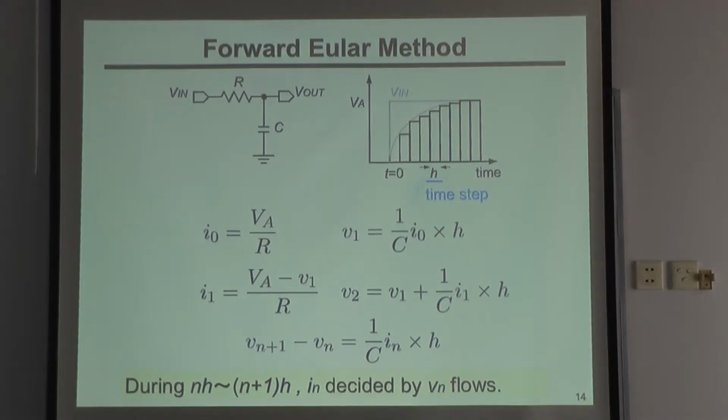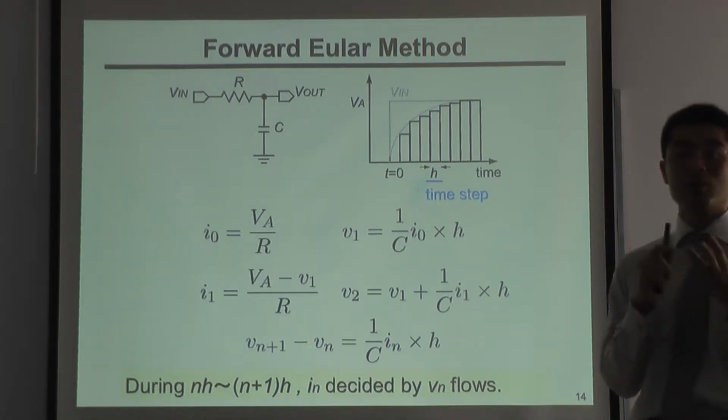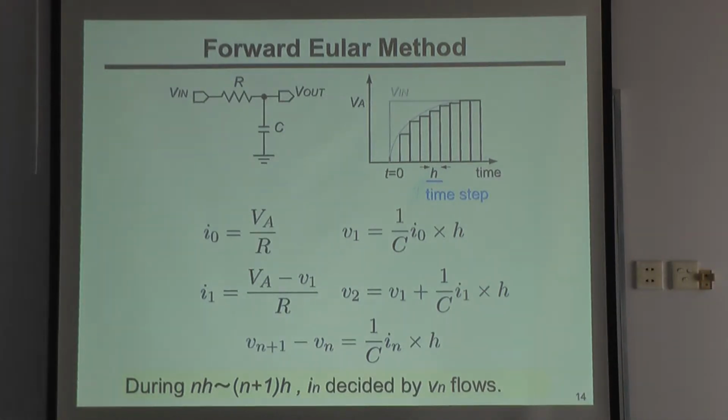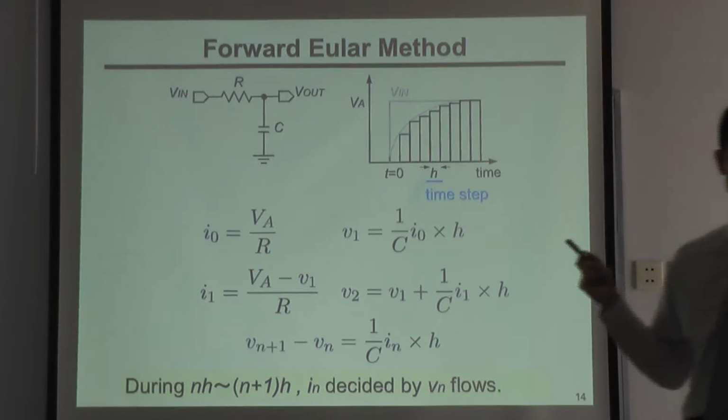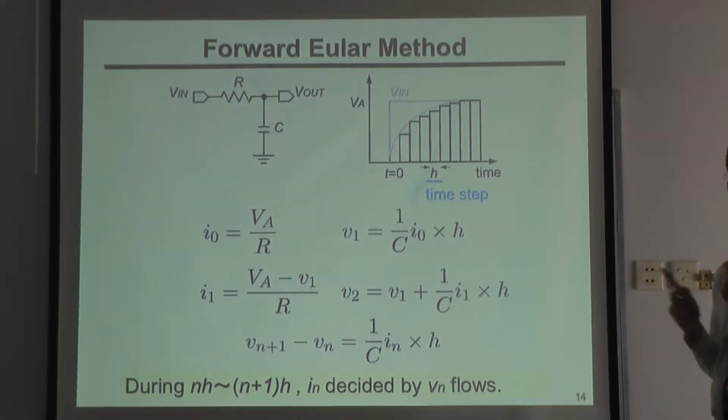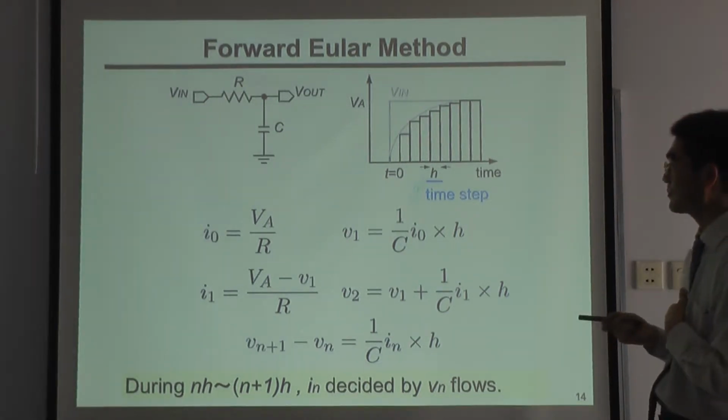In order to solve these differential equations numerically, there are three kinds of methods: one is forward Euler, the second is backward Euler, and the third is trapezoidal. And the forward Euler is very simple, so I'm starting my explanation from forward Euler.